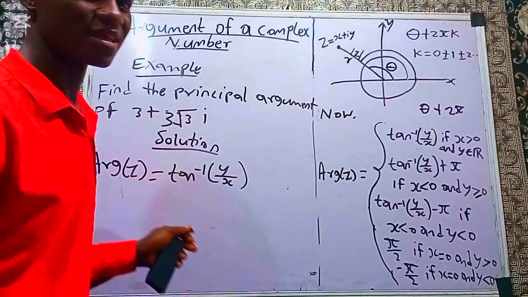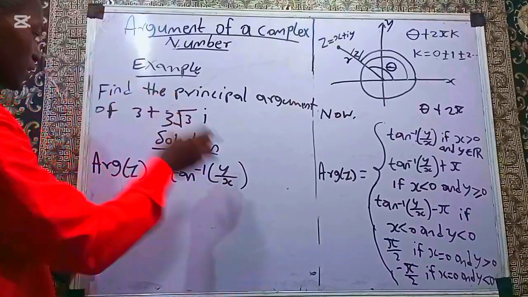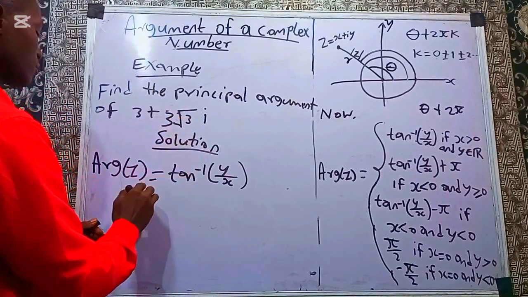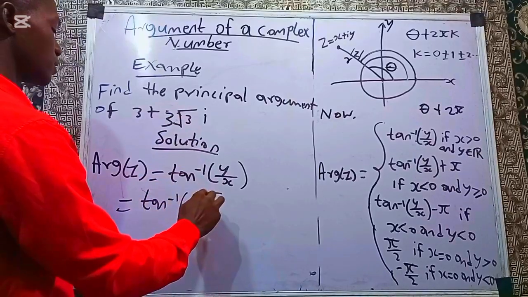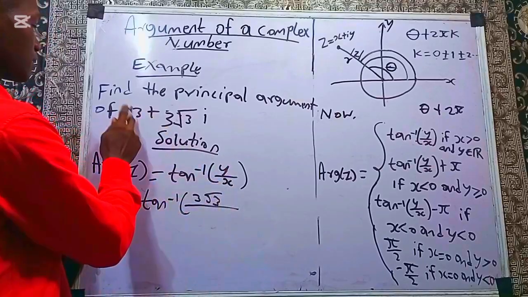Tan inverse is the same as arctan. So y is the imaginary part, the coefficient of i. We are going to have tan inverse of 3 root 3 divided by x, the real part, that's 3.